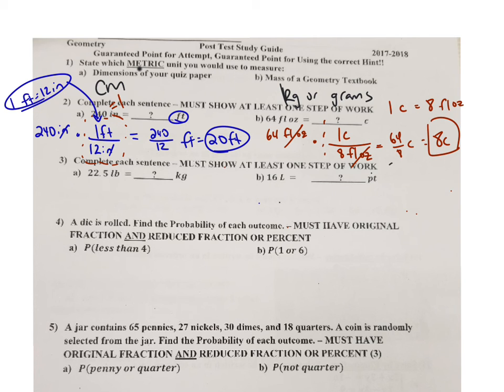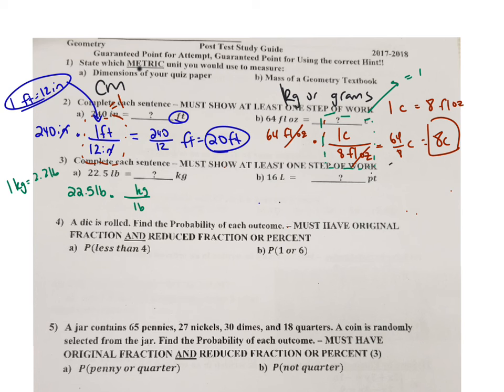Alright, in number 3, we have 1 kilogram equals 2.2 pounds. So I'm going to make 22.5 pounds. I'm going to multiply. Remember, my conversion is always going to be equal to 1, so I'm always multiplying by 1. I see it right here in the last problem. That equaled 1 because the conversion will always equal 1. Now, I put pounds on the bottom and kilograms on top.